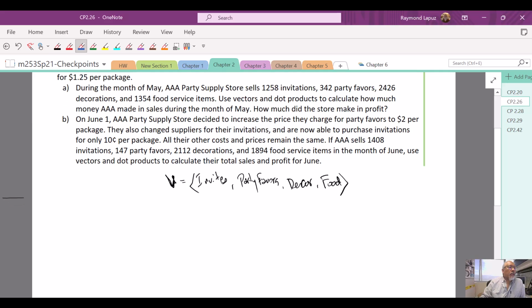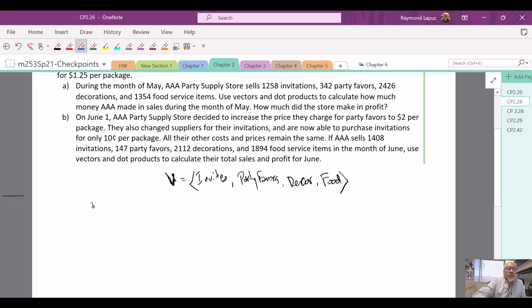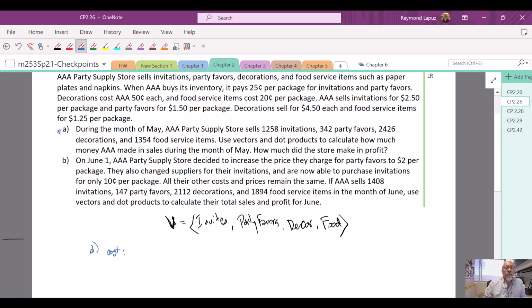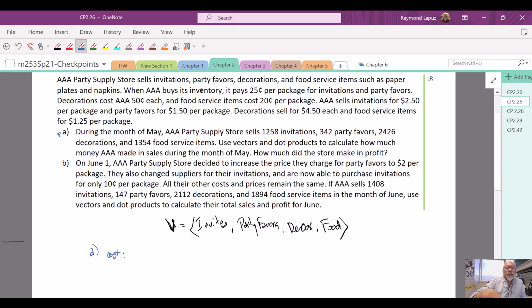Okay, so let's figure out the cost first. For part A, this is the part we're working on right now. There is a cost for these things, and this is the amount of money that they will need to pay. When AAA buys inventory, it pays 25 cents for invitations.